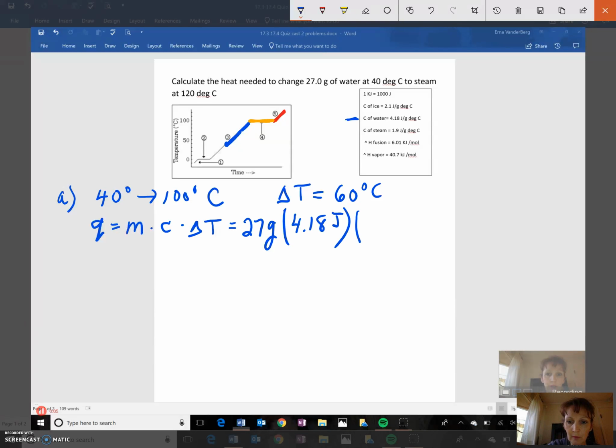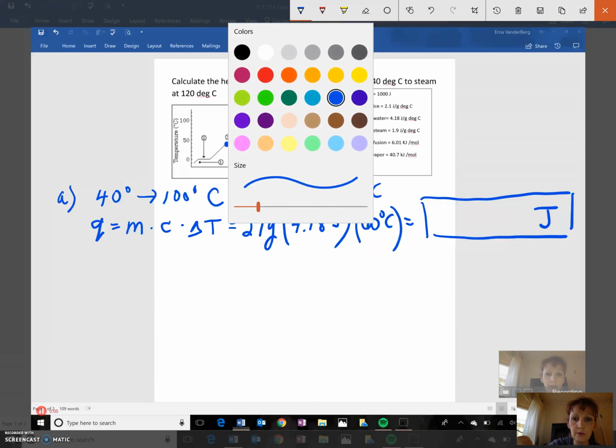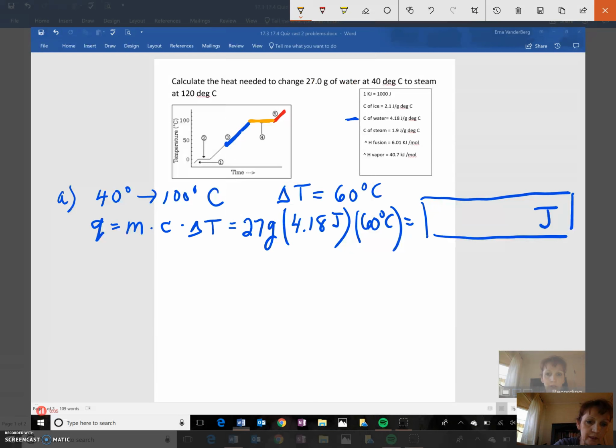What's the temperature change? 60 degrees Celsius. If you multiply this, you will get a joule quantity. Okay, let's go to the next part, which is really a phase change calculation, calculation B.